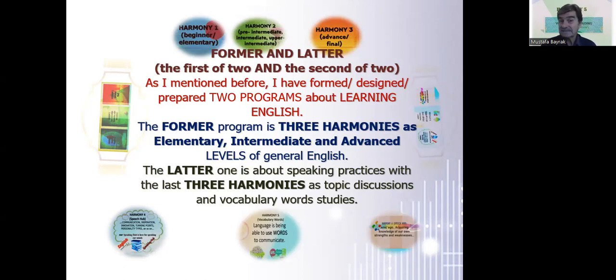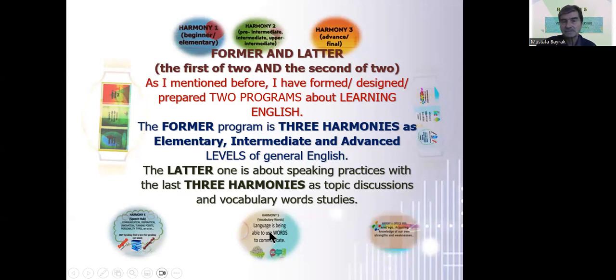The latter, the second of two programs, is about speaking practices with the last three harmonies as topic discussions and vocabulary word studies. As you see, these are our harmonies. This one is harmony 1, harmony 2, 3, harmony 4, harmony 5, this is harmony 5.